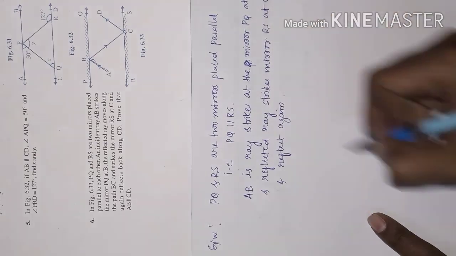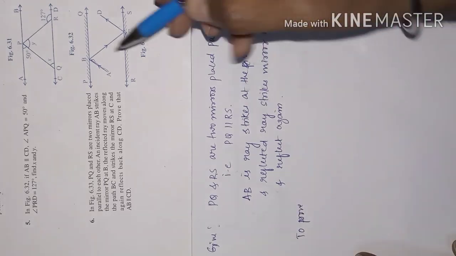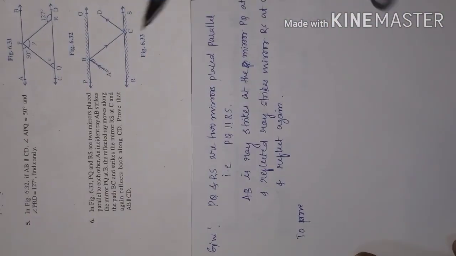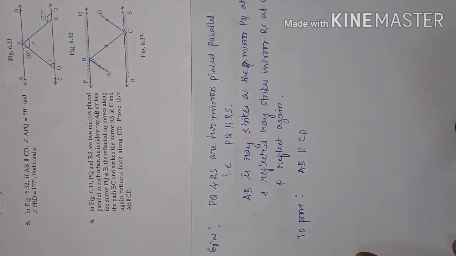This is the given part. Now we have to prove that AB is parallel to CD.